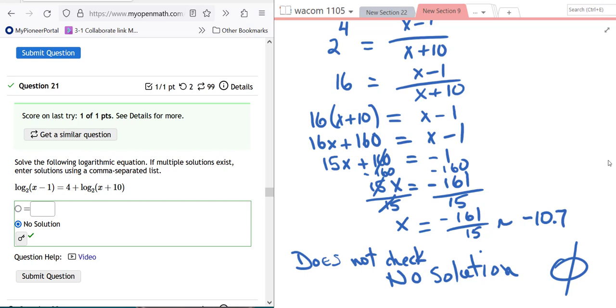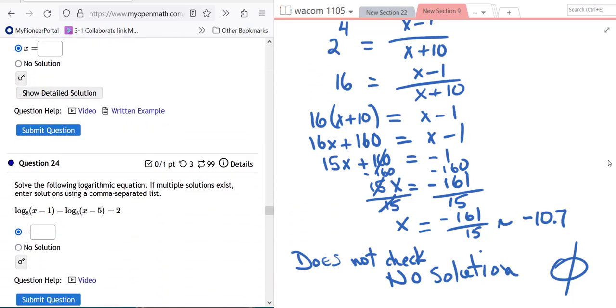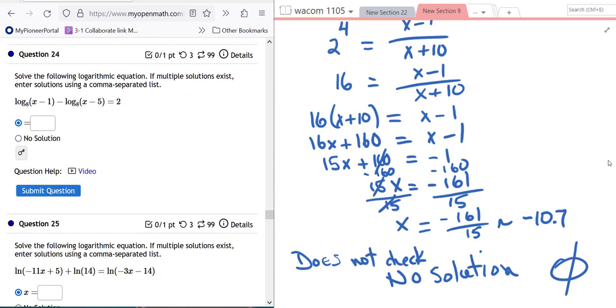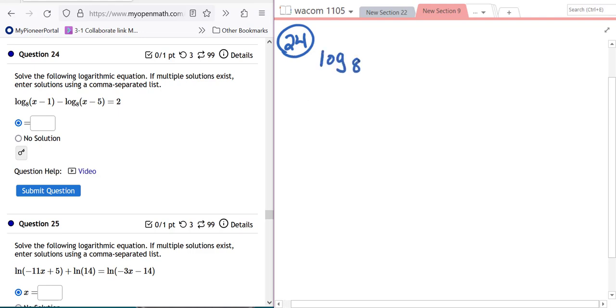All right, we're going to go next to, let's see, what time is that? All right, so we'll go to 24. And this does have your logs on the same side, so you're going to condense.